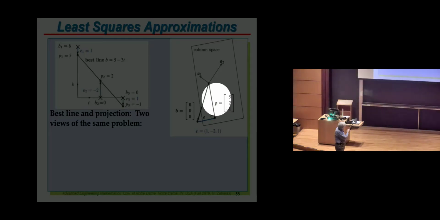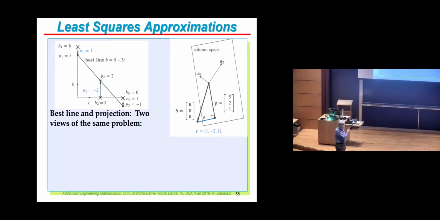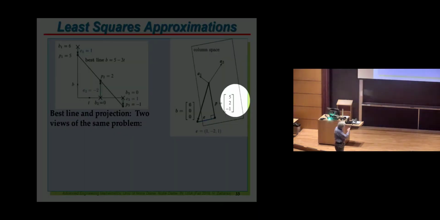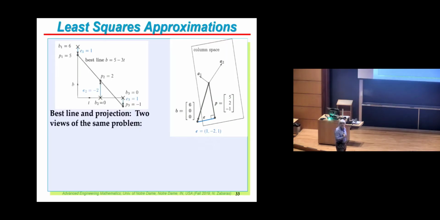And what is p? It is A times x hat, because it's a linear combination of the columns. And because the error is in the left null space, we have A transpose e equal to 0. And that gives me basically the equation I need for x hat. That's all. So that's the fundamental view.